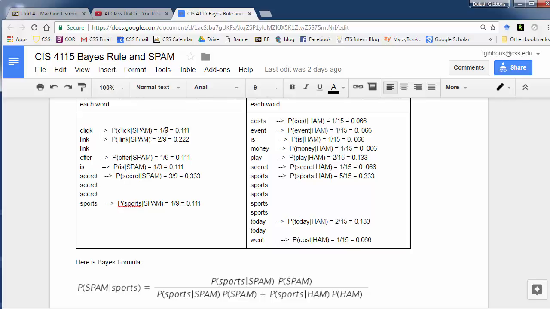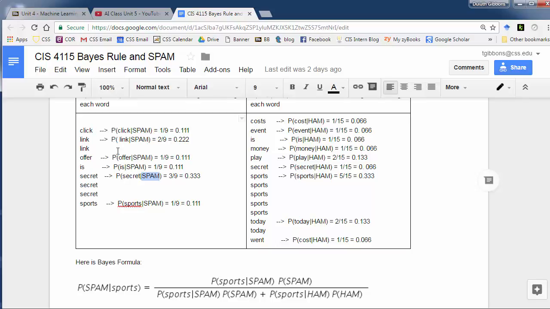So here we do a probability: the probability of the word click being the word in an email if we already know it's spam. Or like secret, which is in 3 of the messages. So what's the probability of secret given it's spam? If we know a word came from a spam email, a third of the time it's secret here.